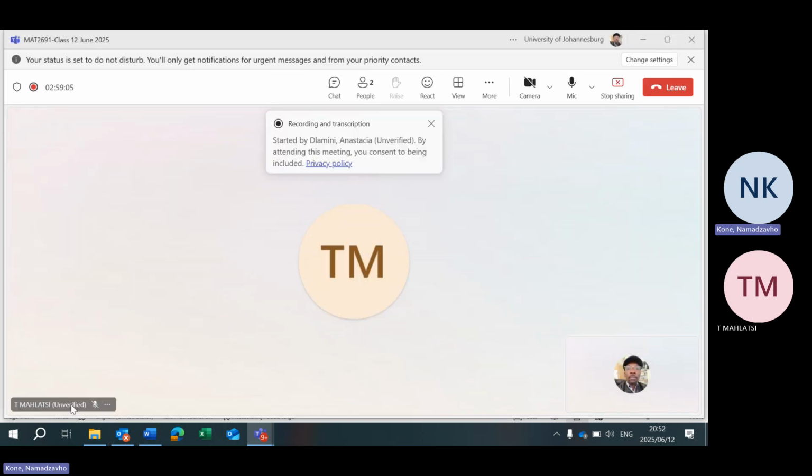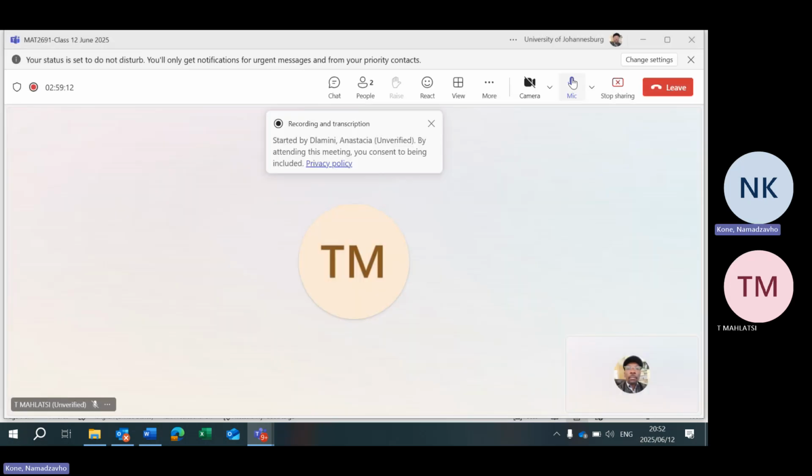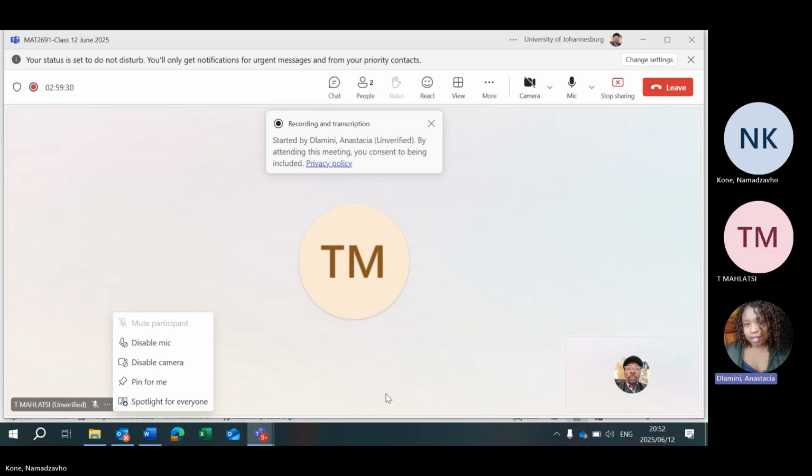Yes, and then those 3 dots. There's no option. That's the problem. The options that are there are mute participant, disable mic, disable camera, pin for me, spotlight on everyone. Let me see. Please get in and remove this person because this thing will not stop.